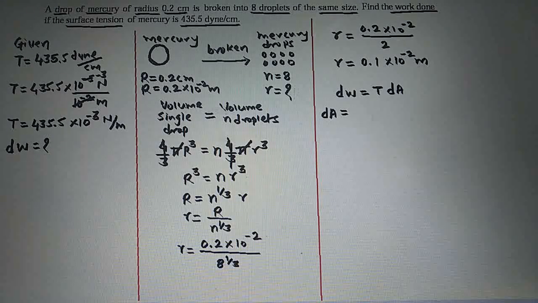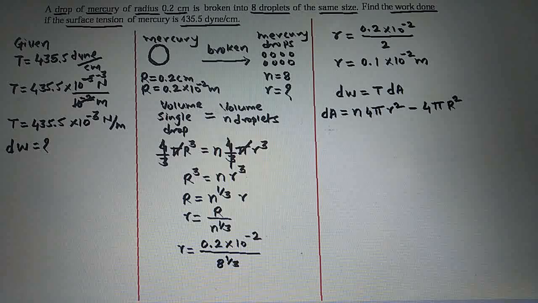The final surface area is n into 4π r², because 4π r² is the area of a sphere and there are n droplets. The initial surface area is that of the single drop, 4π capital R squared.